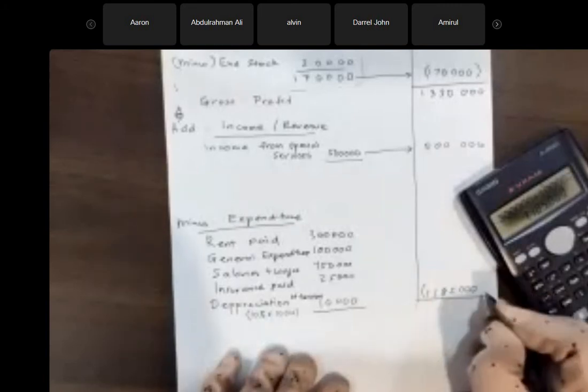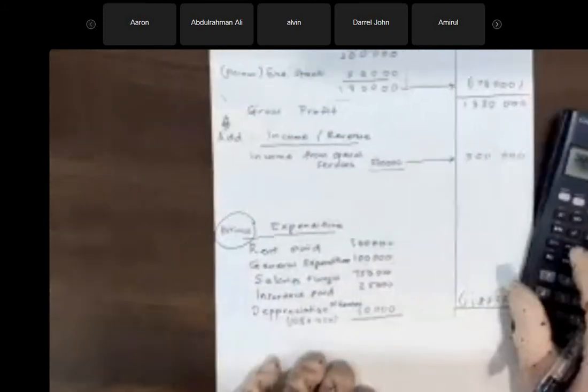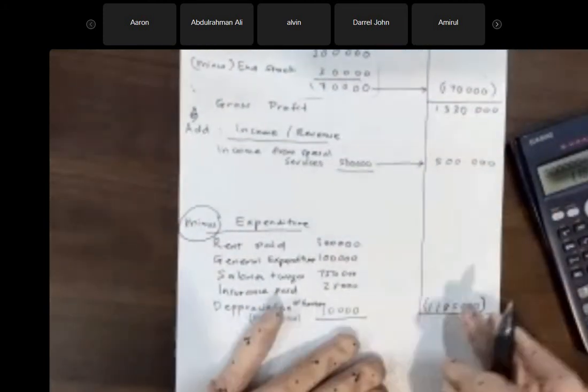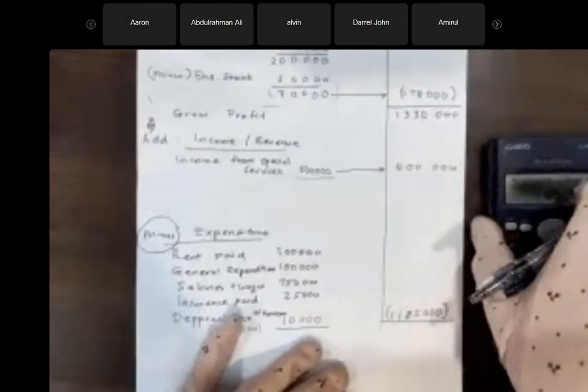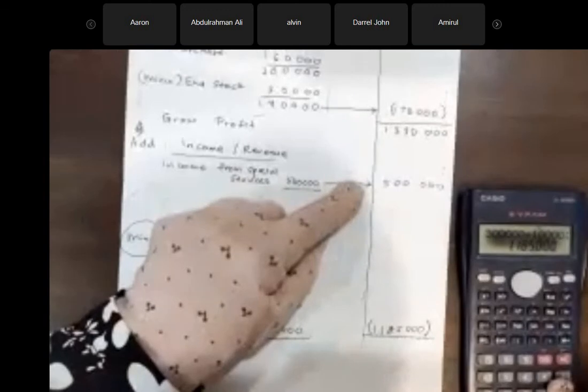Okay, but this one is in the bracket because it is minus in the bracket. Okay, just kira semua ni. 1185. Okay, ni I terbalikkan 1185 minus.